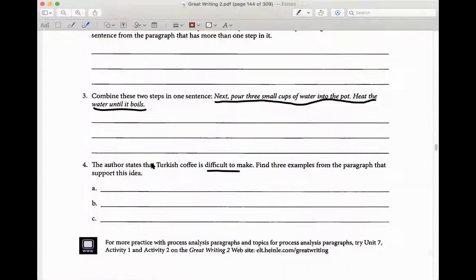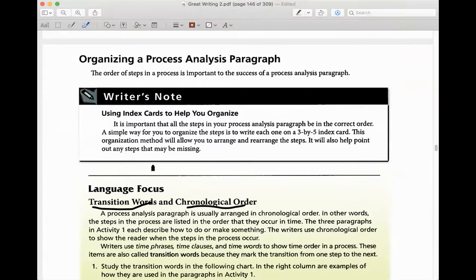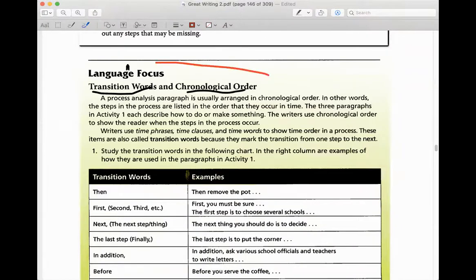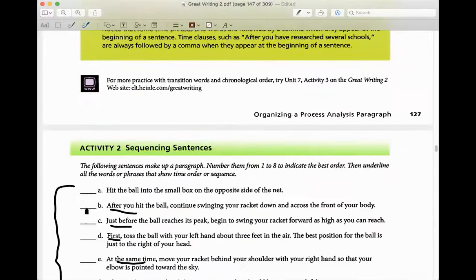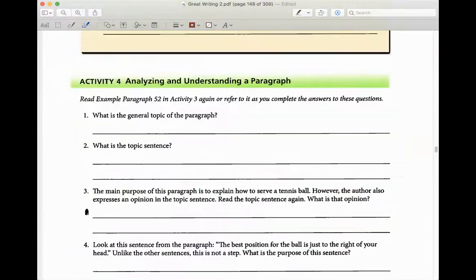And I'll point out some grammar here that'll be important. So transition words and chronological order will be important. So these words, first, next, second, etc. Make sure you're comfortable with those.